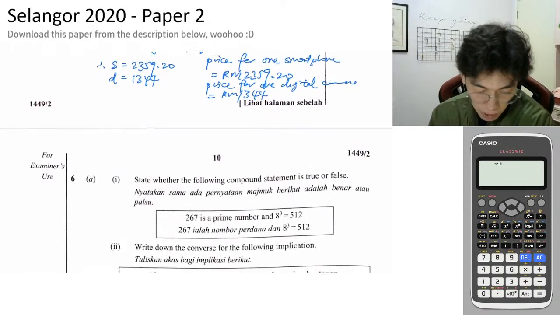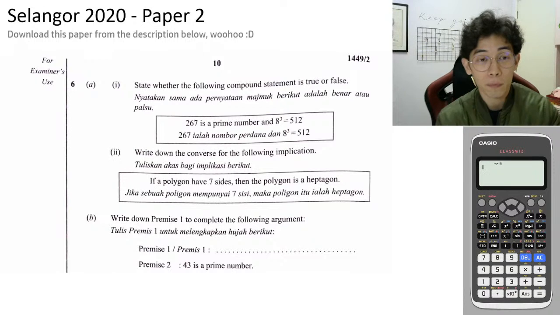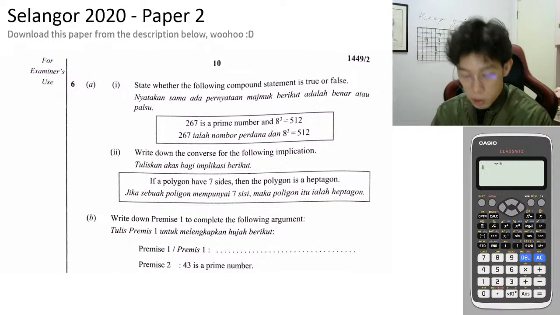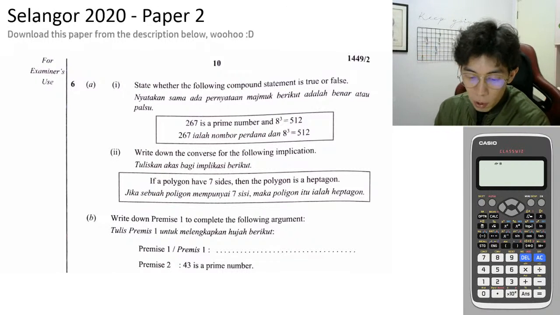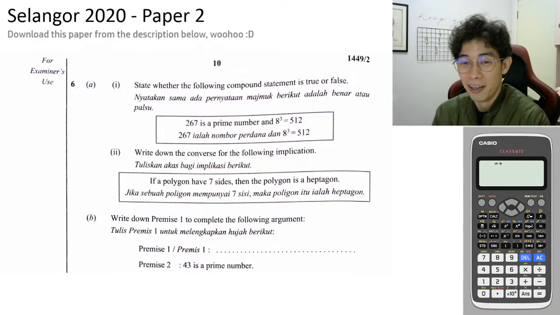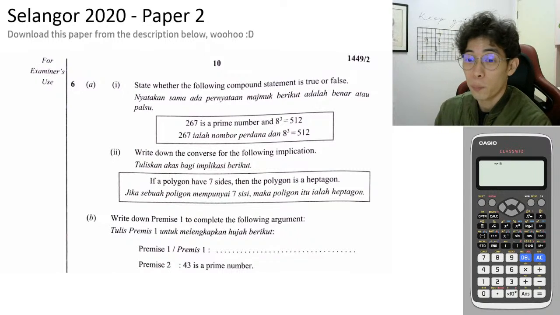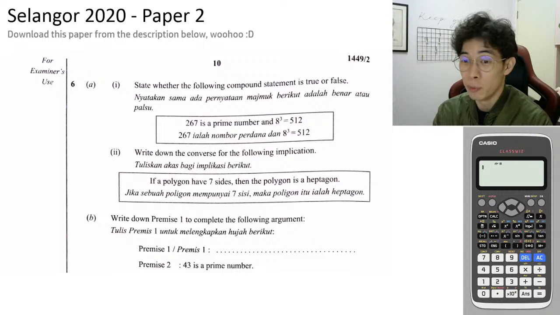Okay, so the next one comes in already. Question number 6, everyone. This one is easier. This question over here is quite normal. State whether the following compound statement is true or false. Don't worry, now you can do it already, right, Dreamer?